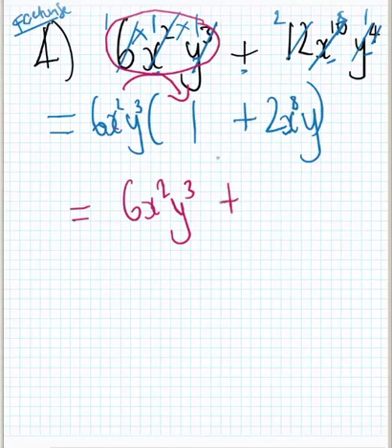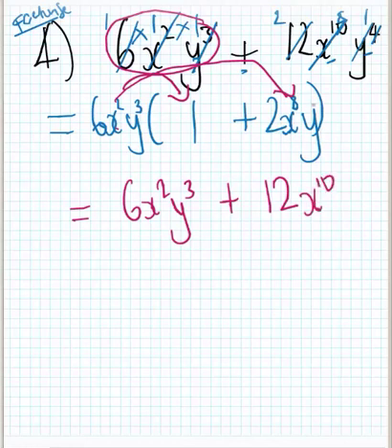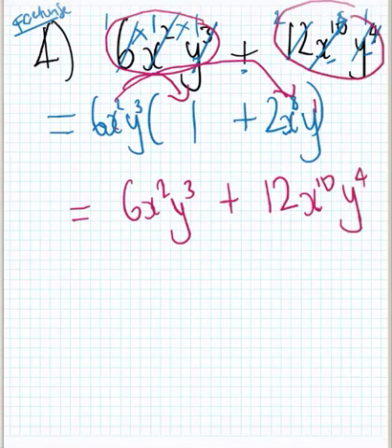Plus, if I multiply 6x squared y cubed with this term, let's see, 6 times 2 is 12, x squared and times x to the power of 8, we add their powers, we end up with x to the power of 10, and y cubed times y to the power of 1, add their powers, we end up with y to the power of 4. And have a look, we end up with the exact same thing, okay? So we can see how we've done the right thing.